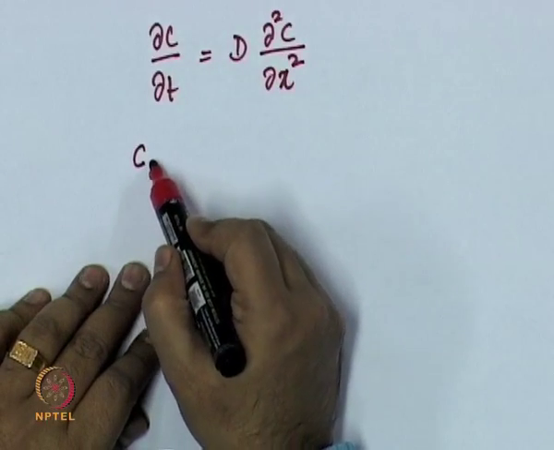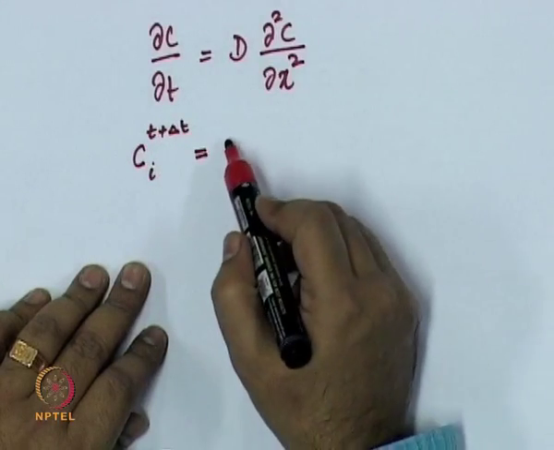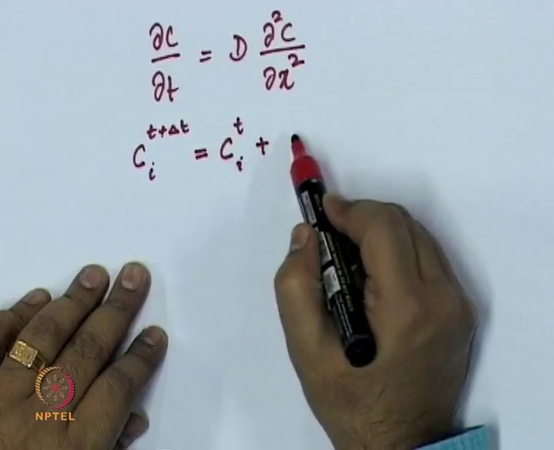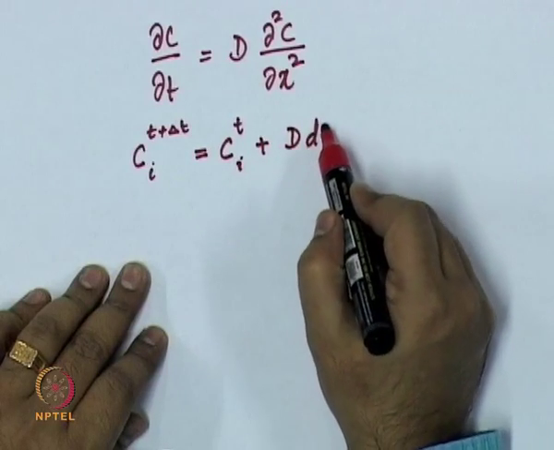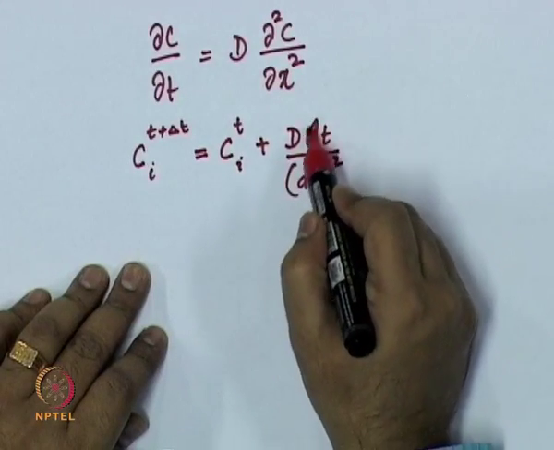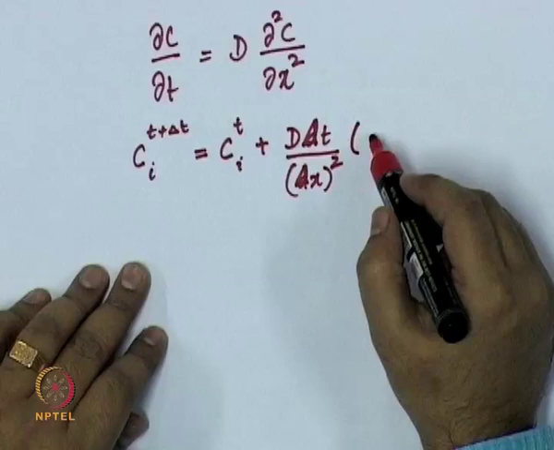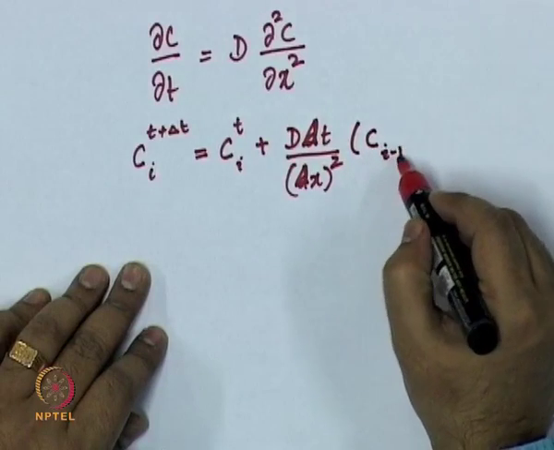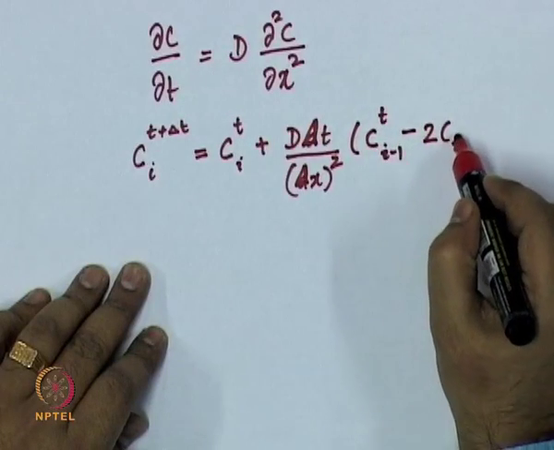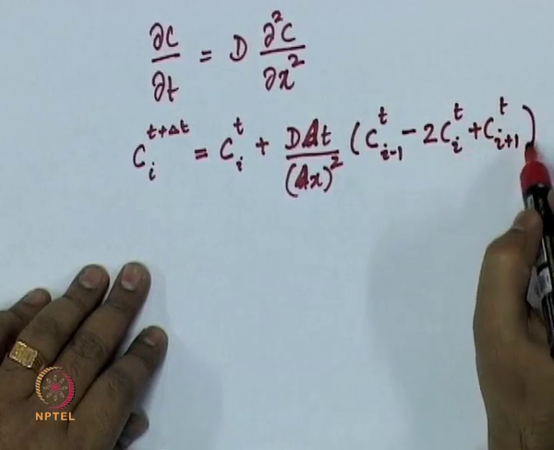So, C at any point i, t plus delta t is equal to C at any point i, t plus D delta t by delta x squared, times C i minus 1, t minus 2 C i, t plus C i plus 1, t.